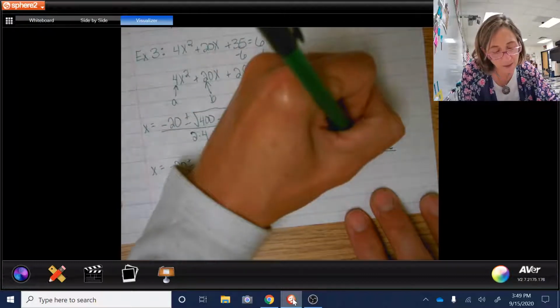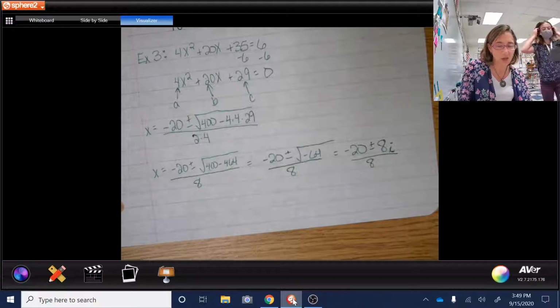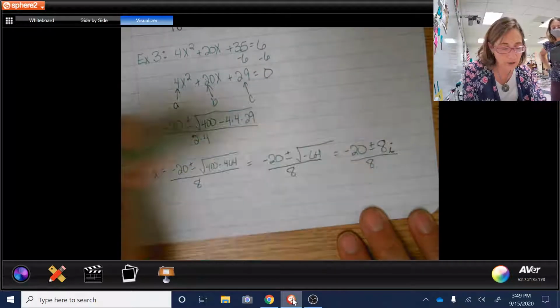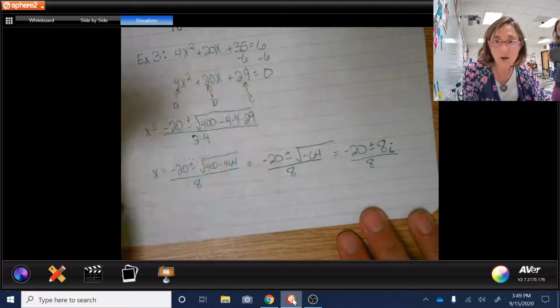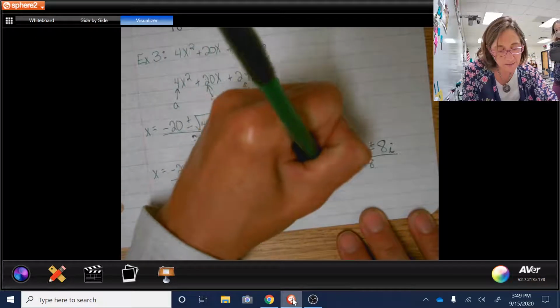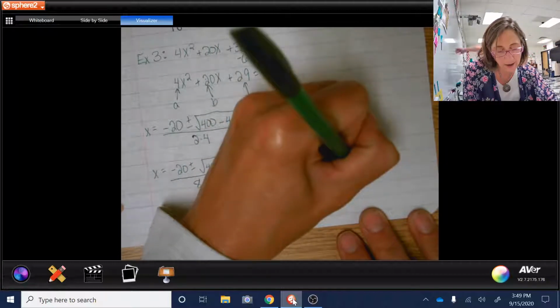And then let me bring my denominator over, 8. Now, do you see how everything's even here? That means I could simplify this fraction a little bit, because it's all evens. So I want to pull a 4 out of the numerator here. So I could make it 4 times negative 5 plus or minus 2i.